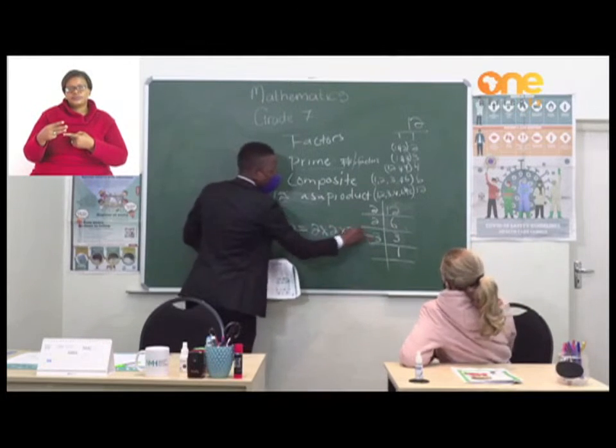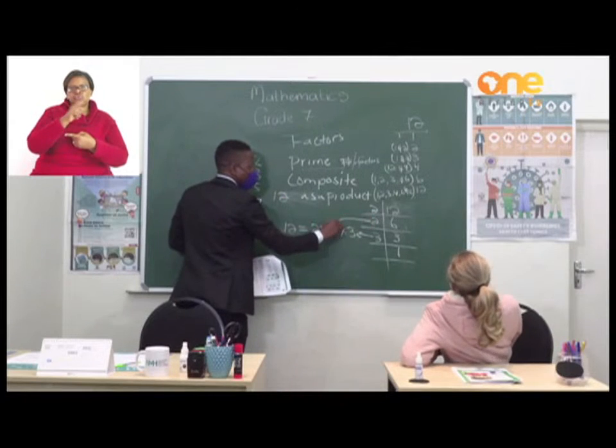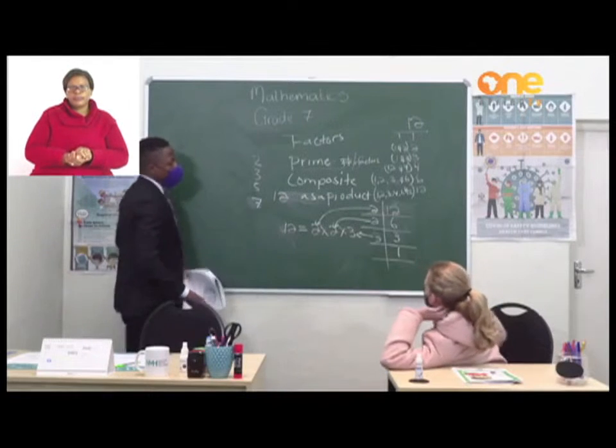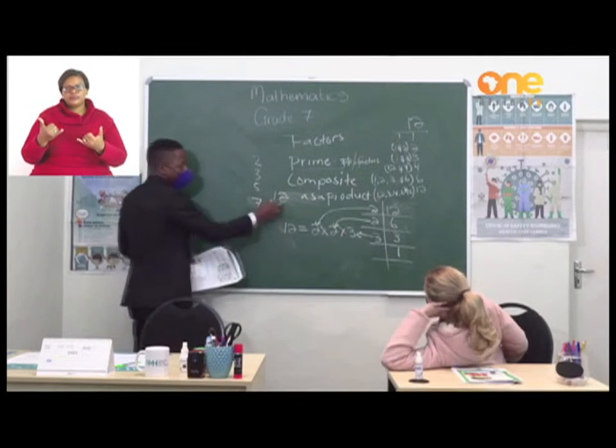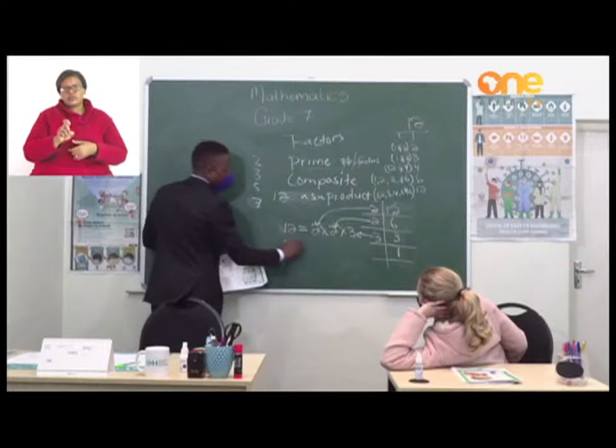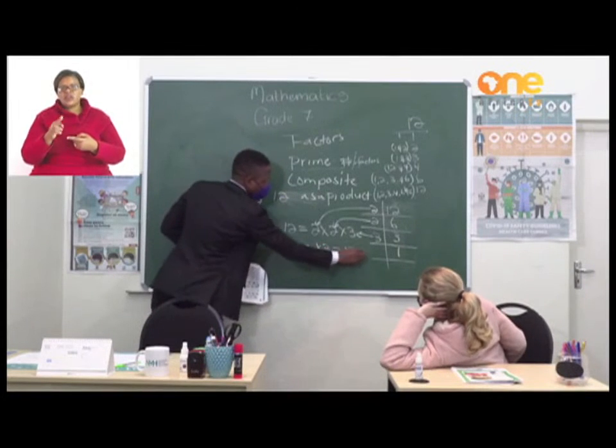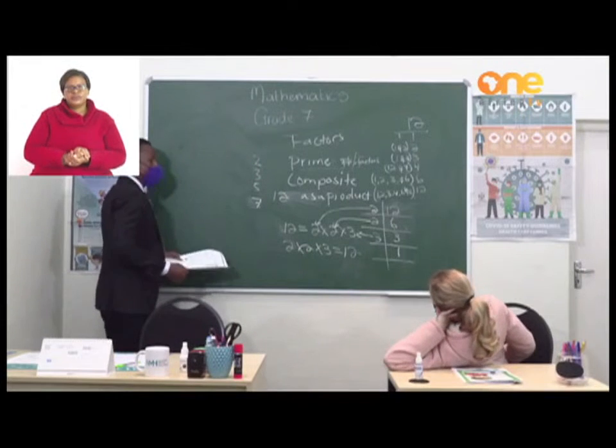So this came from here, there. In that way, you have answered the question, or you can write it 2 times 2 times 3 gives you 12. Still the same.